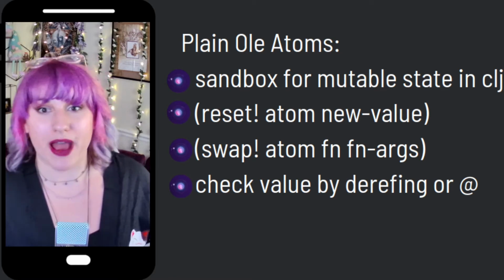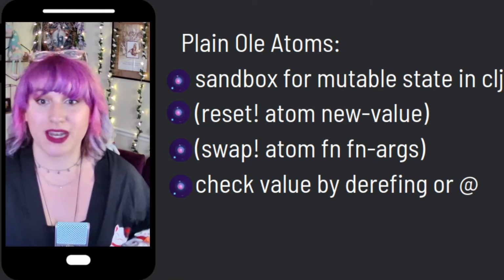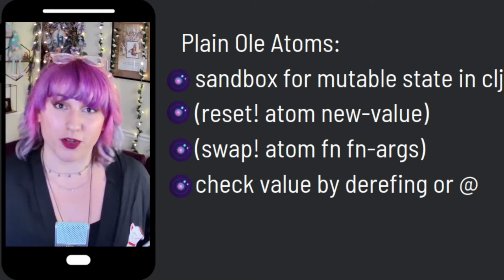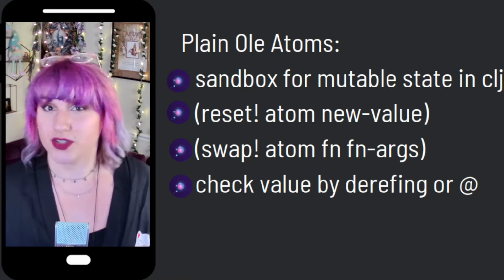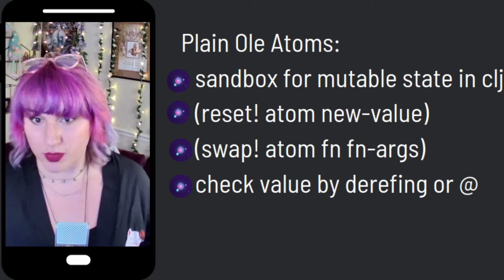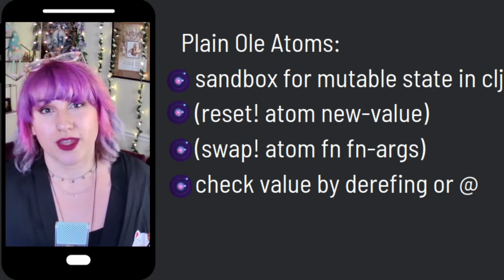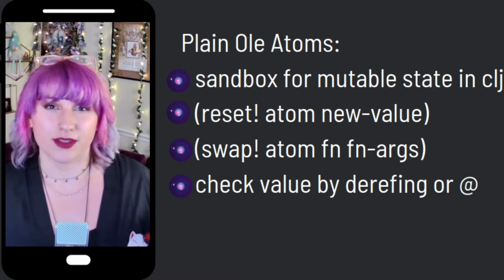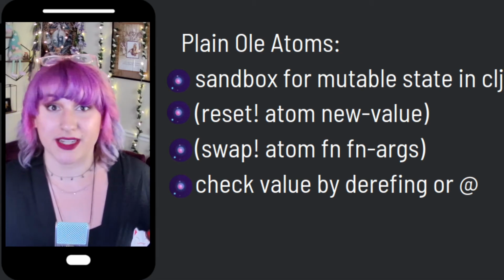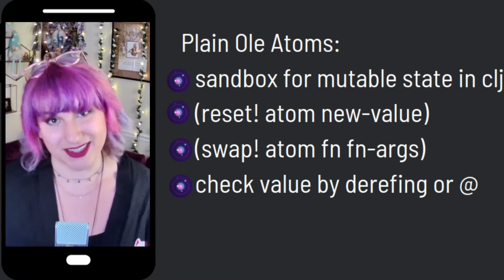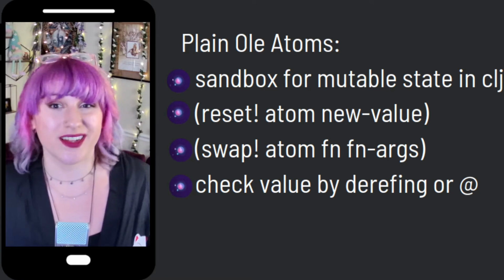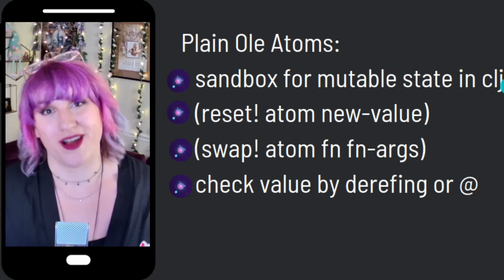A very common pattern is swap!, the name of the atom, and then the function you pass into swap!, such as update. That's just a very common pattern. I'll be using that shortly. You can check the value of the state that you put in the atom by dereffing it. Most people just use the syntactic sugar, which is the @ sign. And that's really just checking to see what's going on in that atom.